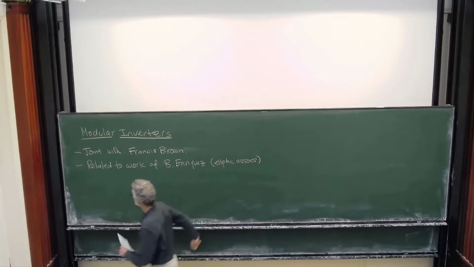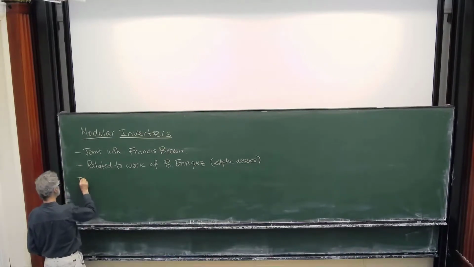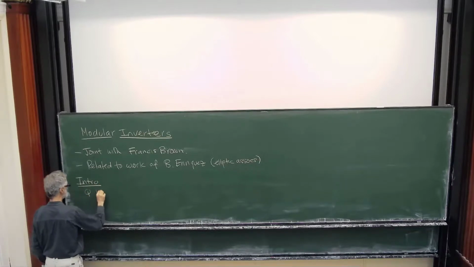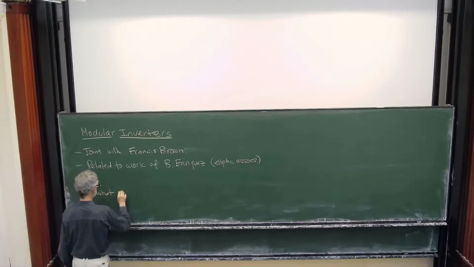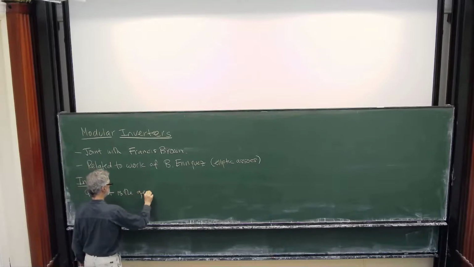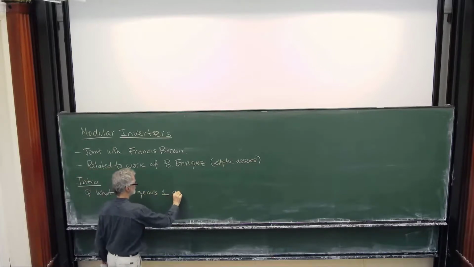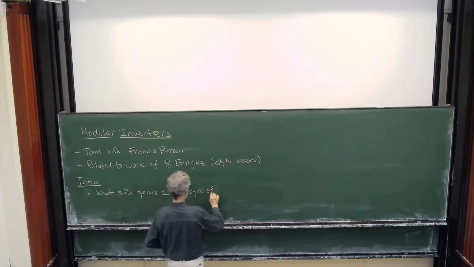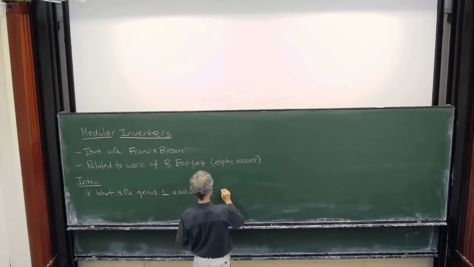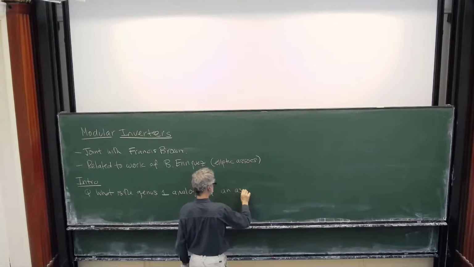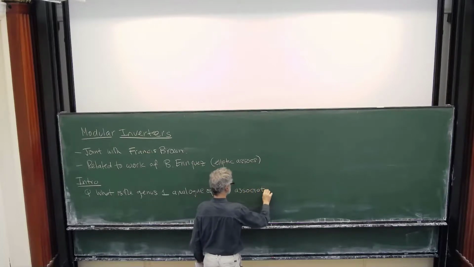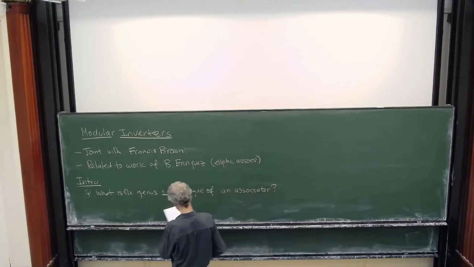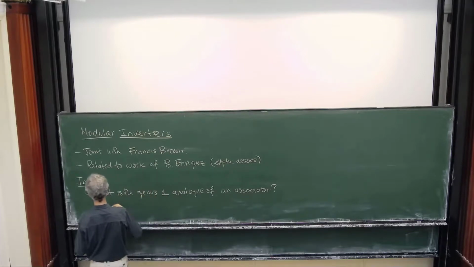Okay, so a basic question is, what is the genus 1 analog of an associator, and the KZ associator, for example?